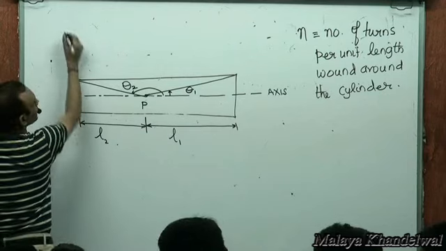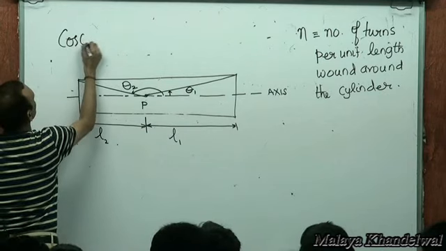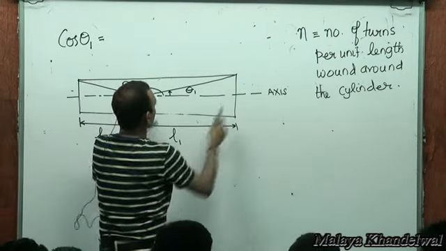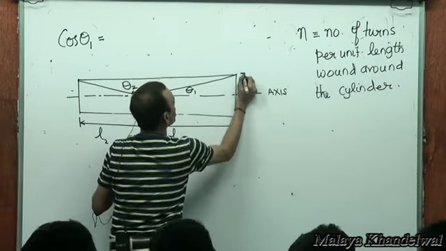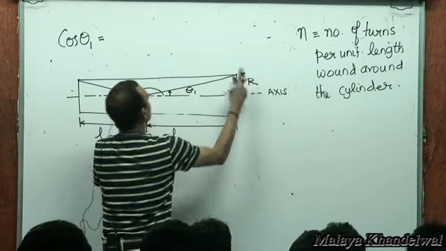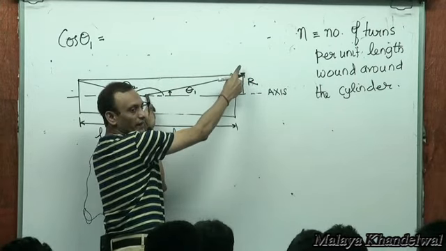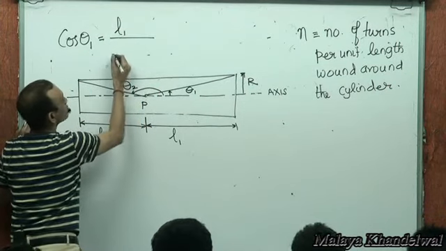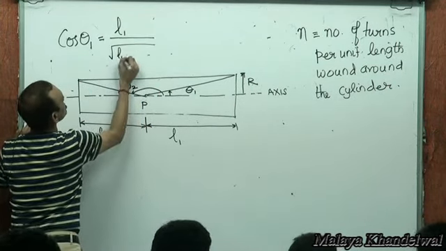Very clearly cos theta 1, as you can see, would be L1 divided by the hypotenuse, with radius r, so root L1 squared plus r squared. So cos theta 1 would be L1 divided by root L1 squared plus r squared, right?